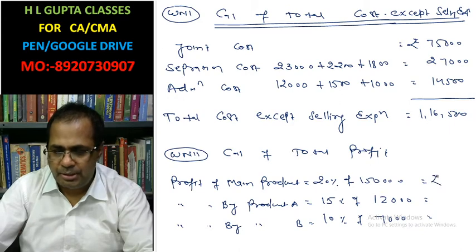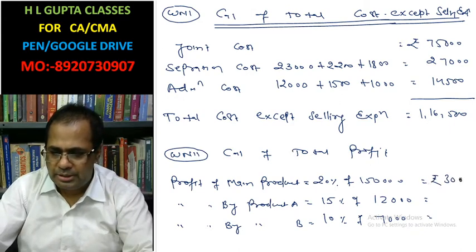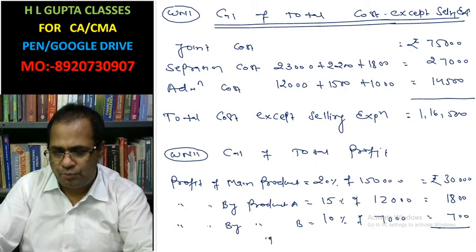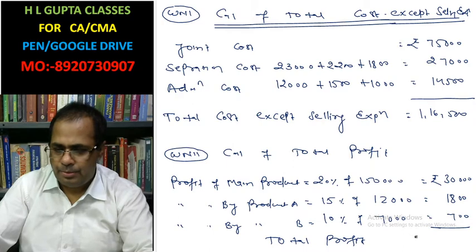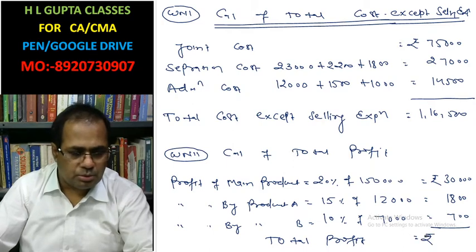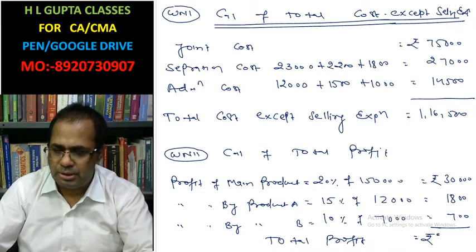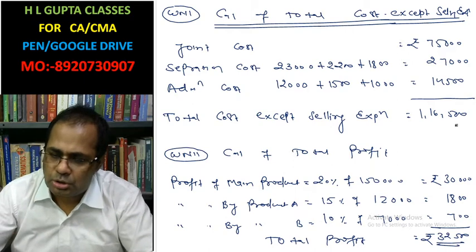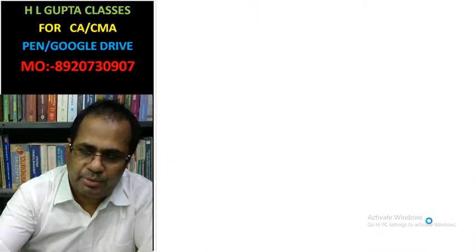Then this will be 30,000, 1,800, 700. Total profit will be 32,500. Total cost we have calculated, total profit we have calculated, and now we can calculate total sales revenue.